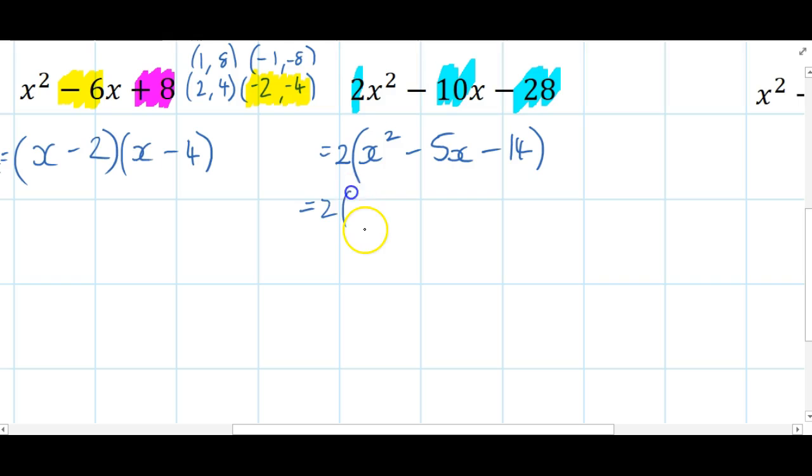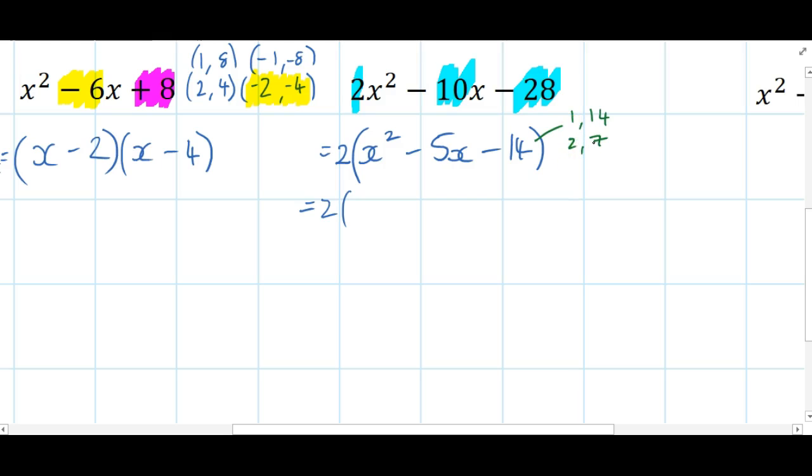Now we do our factor pairs, factors of negative 14. If the last number is negative, one of the factors has to be negative, because the product of two numbers is negative when one is negative and one is positive. Keep that in mind when you're doing your factor pairs. Factors of 14 are 1 and 14, 2 and 7, and I think that's about it.